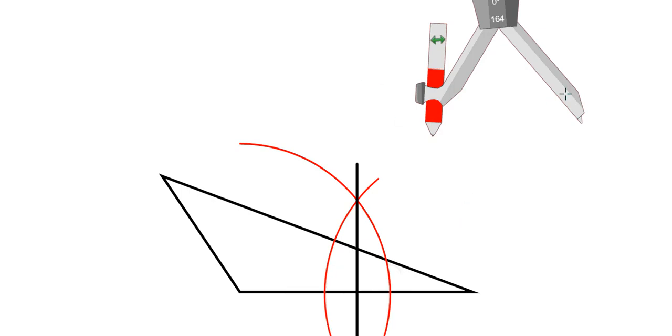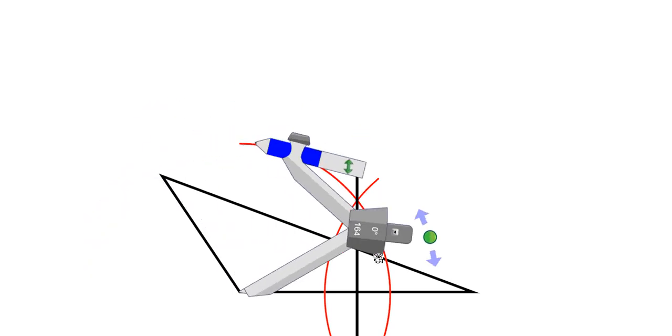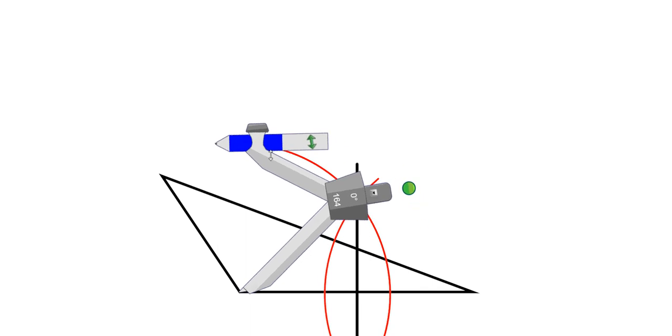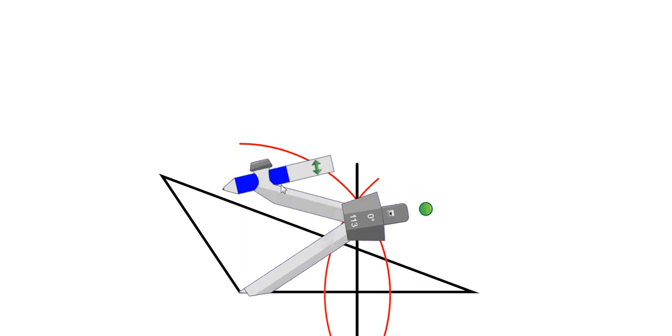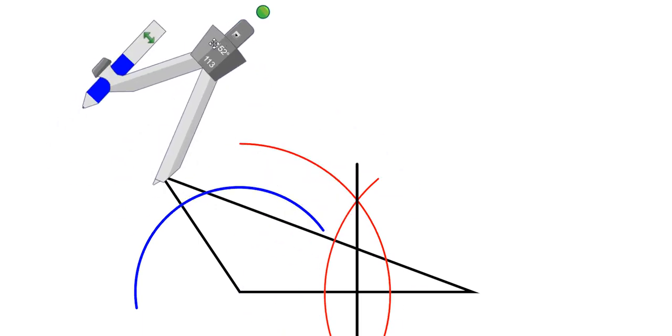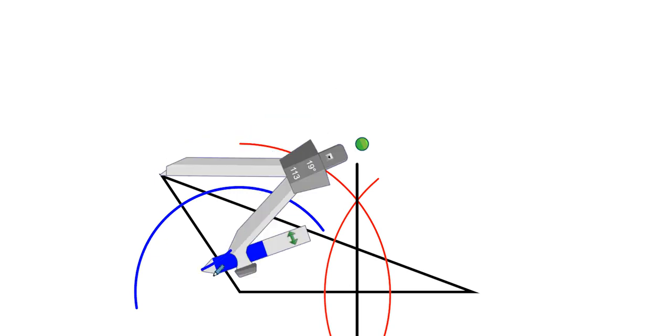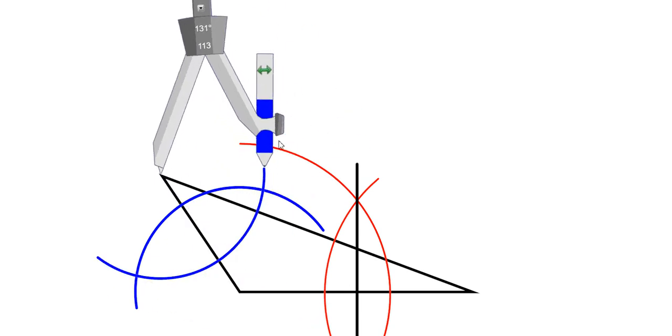Then you come over, maybe we come over here and we do the same kind of construction on this side. We don't need it to be quite as long. It's got to be more than halfway, but it doesn't have to be obnoxiously more than halfway. And then we come over here and we flip the thing around and we do the same thing over here.